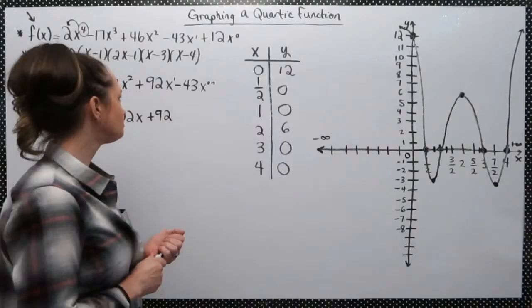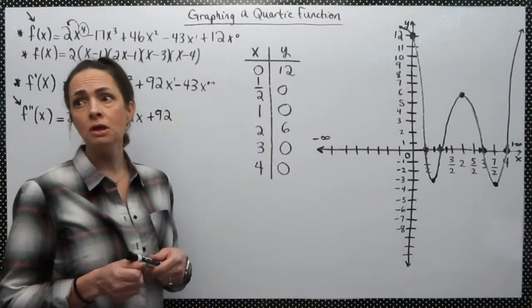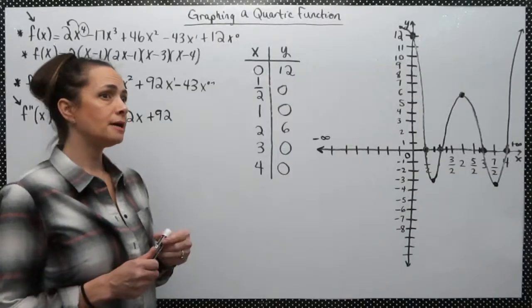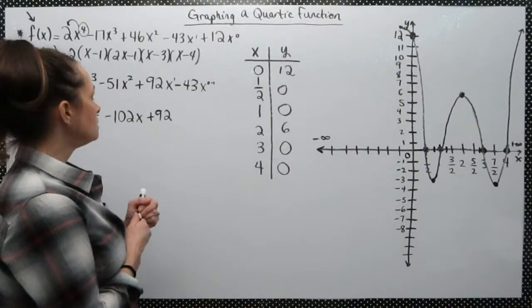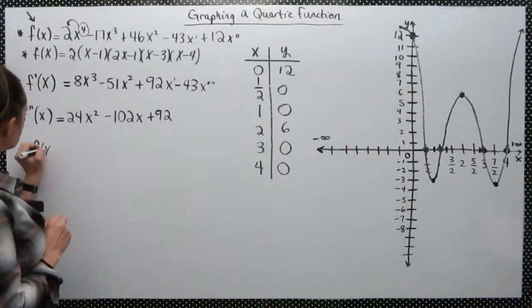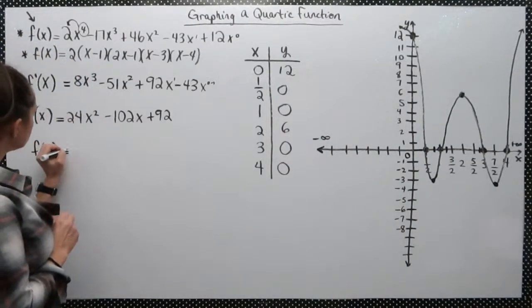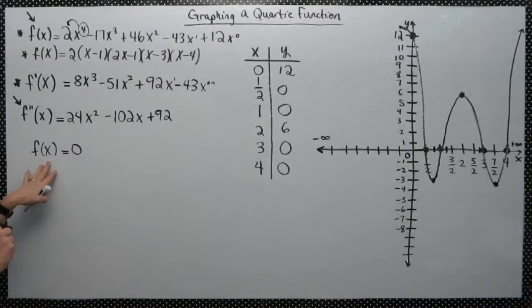So as long as the function is differentiable and continuous, it's f of x equals 0. Basically it's where your function value is equal to 0.